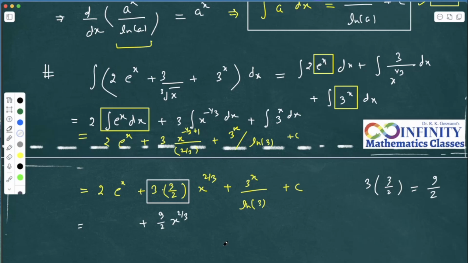But isn't that an exponent 3/2? Keep it as it is. It has nothing to do with the multiplication of constant. This term has nothing to do with the multiplication of constant. You have to keep it as it is only. Where did you get 3/2? That's my question. There was a term x exponent negative 1/3 plus 1. If you can see, this is a term given to you. Let me just highlight that.